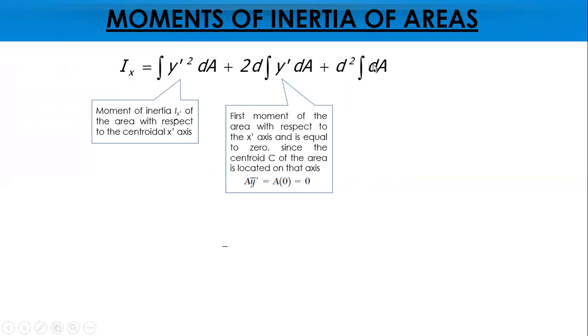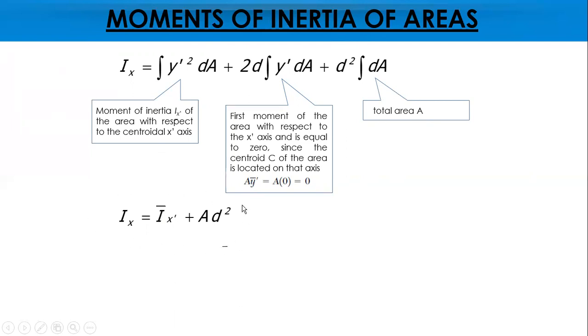For the third term, the integral of dA is simply the total area. So therefore, if this is 0, and this is Ix prime, and this is A, the final expression of I sub x is this one. This is the parallel axis theorem.